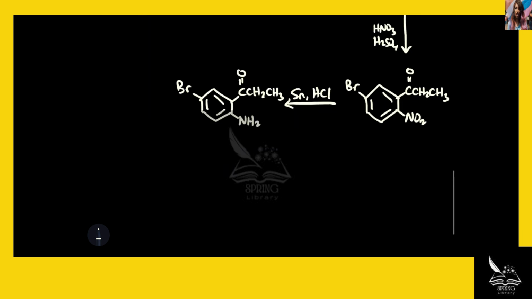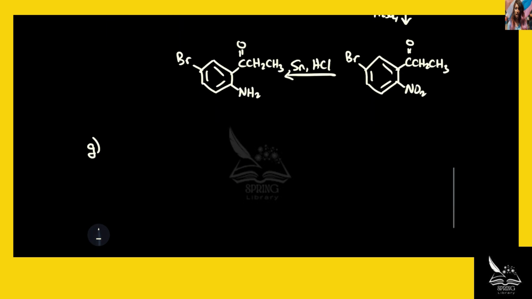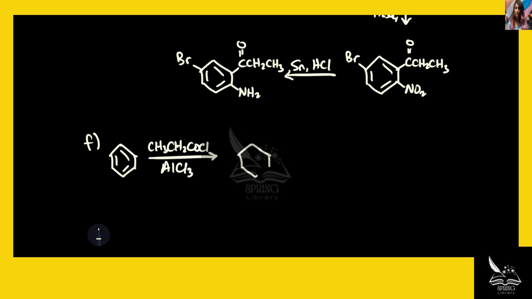And lastly, for F, starting from benzene once again, CH3CH2COCl in the presence of AlCl3, C double bond O, CH2, CH3, and then reacting this with Cl2 in the presence of FeCl3.